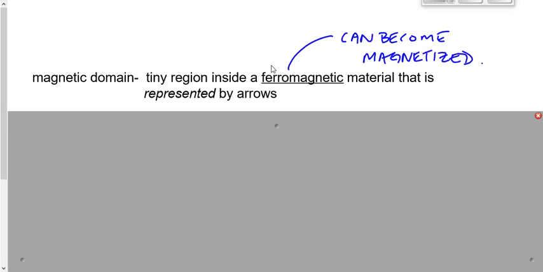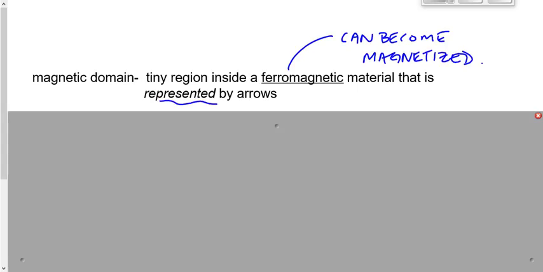Now, the other thing that I wanted to clarify here is this whole phrase down here, that we represent by arrows. If we look at a ferromagnetic material under a microscope, we're not going to see a bunch of little arrows pointing in whatever direction, right? If we could magnify it enough, we would see electrons spinning in certain directions.